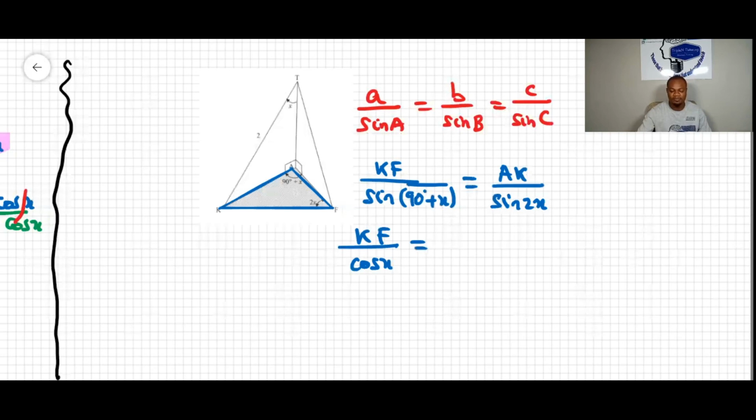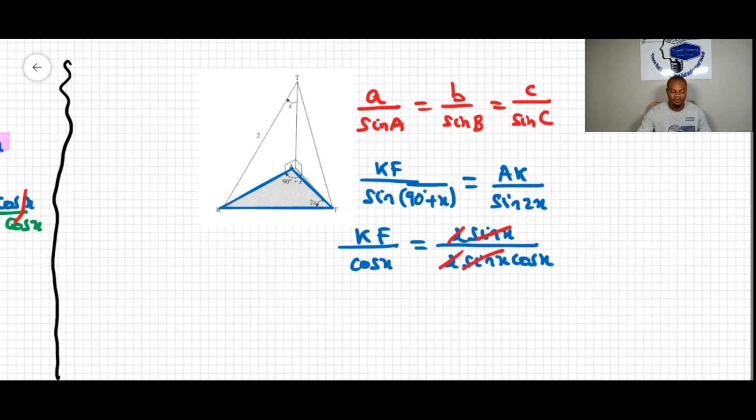And then AK, we found in the previous question, was 2 sine x over sine of 2x, which according to the identity is 2 sine x times cos x. Then we can simplify this 2 and 2, sine x and sine x.